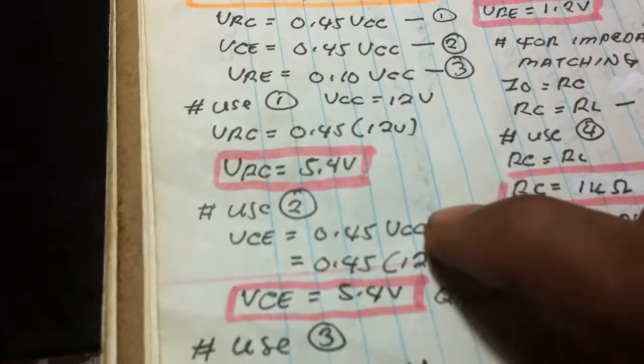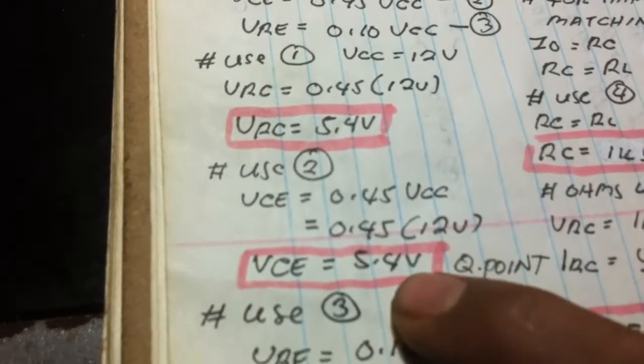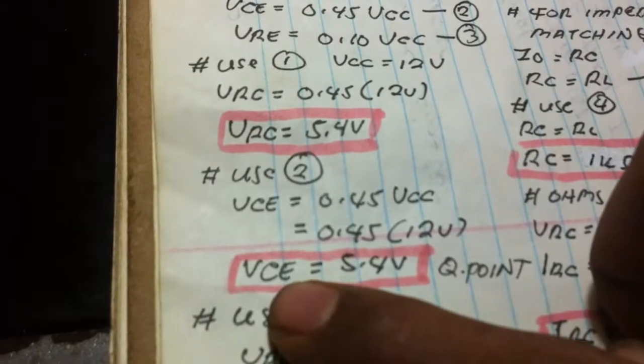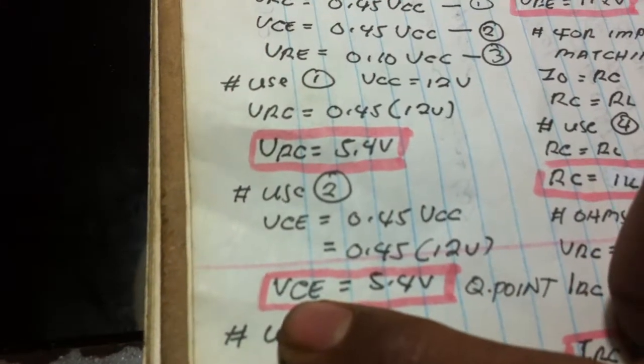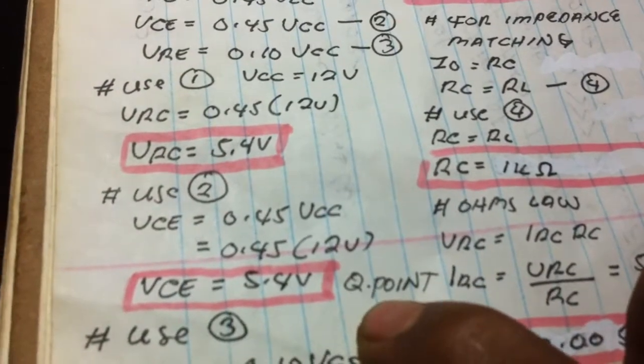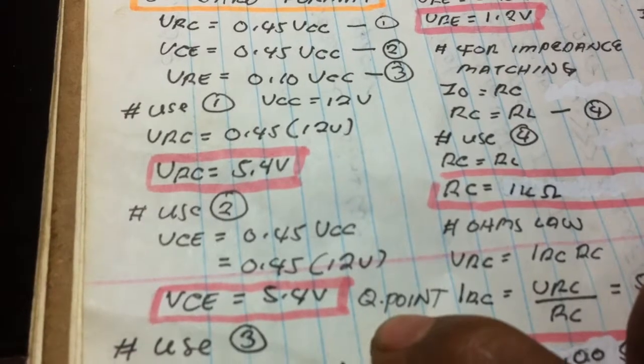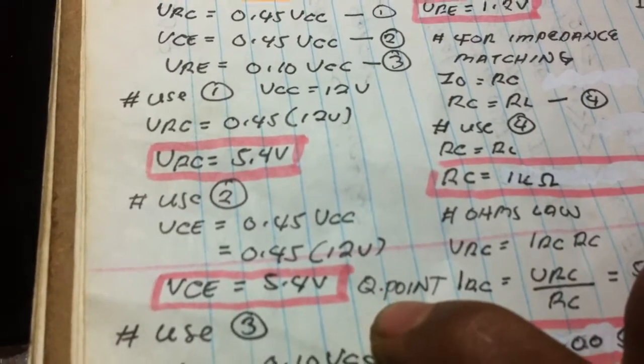0.45 times 12 volts, by substitution and computation, gives 5.4 volts. This voltage drop across the collector-emitter is now our Q point, the operating point of our transistor. That is the operating point.